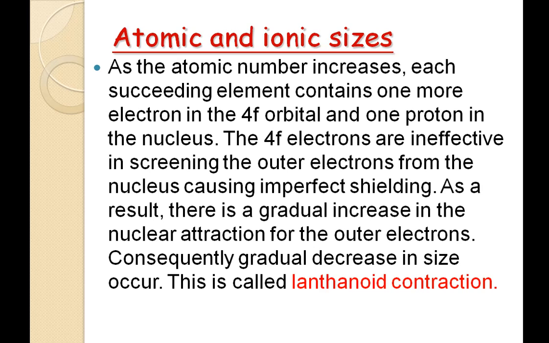The 4f electrons are ineffective in screening the outer electrons from the nucleus, meaning they cause imperfect shielding. As a result, there is a gradual increase in the nuclear attraction for the outer electrons and so a gradual decrease in size. This is called lanthanoid contraction.